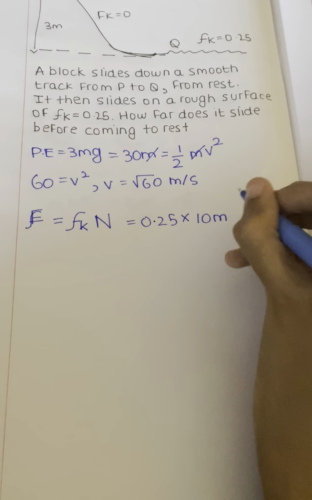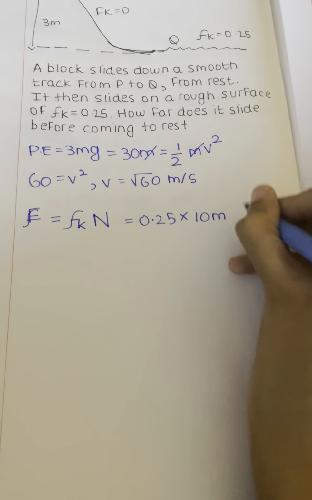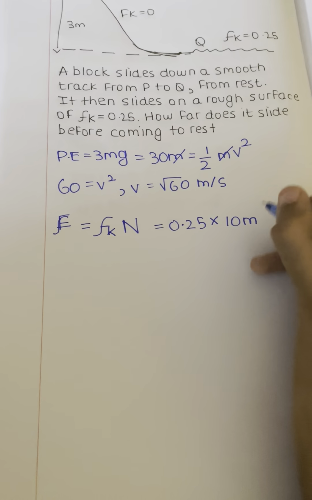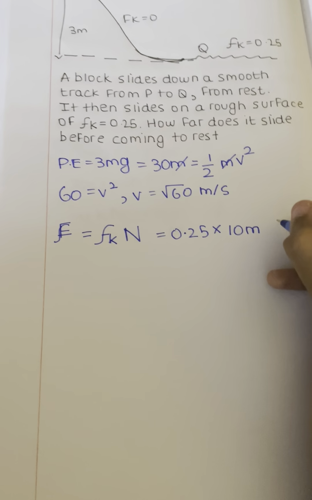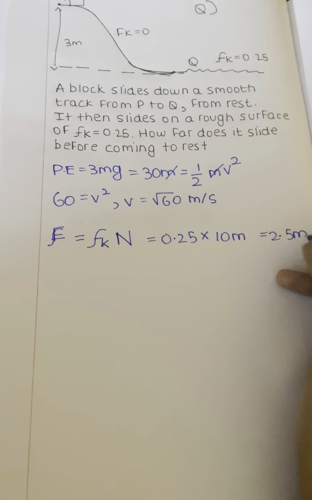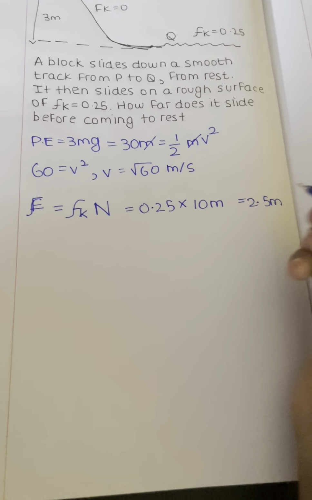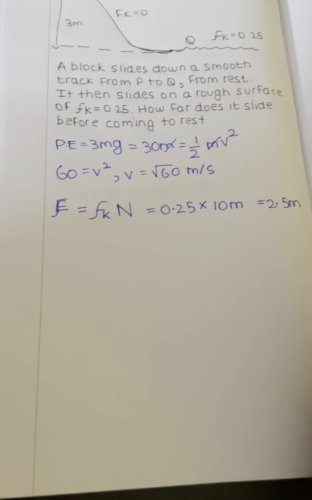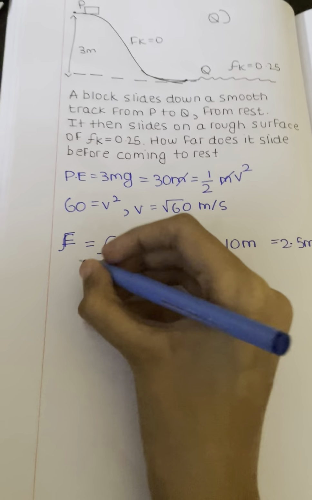This is because 10m is the normal reaction. If normal reaction is going to be the weight of the object, that is the force mg that's going to be acting on the object. Therefore we can take this to be 2.5m to be the frictional force that is acting against this object. But here the catch is we don't need the frictional force, we need the frictional acceleration.